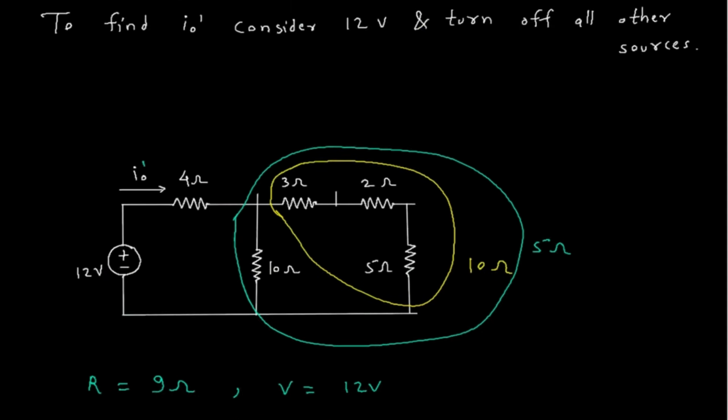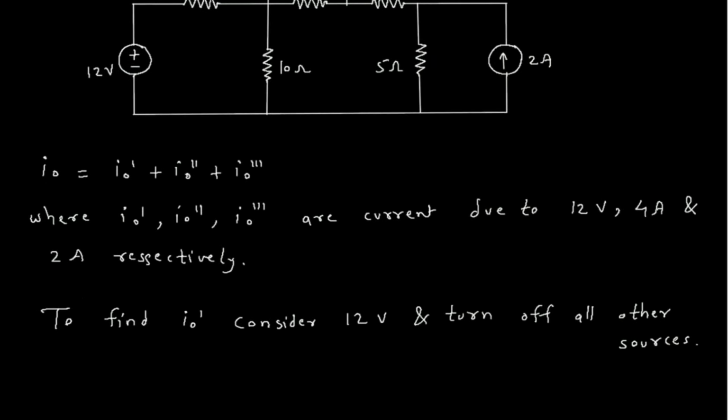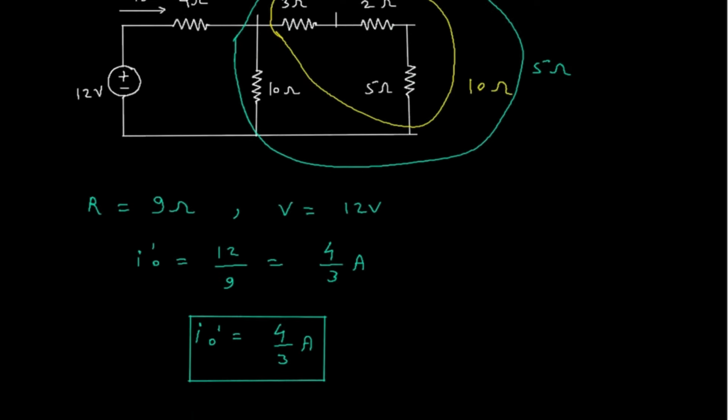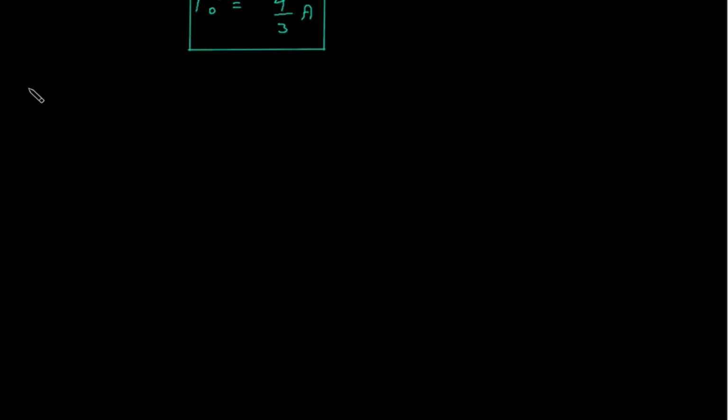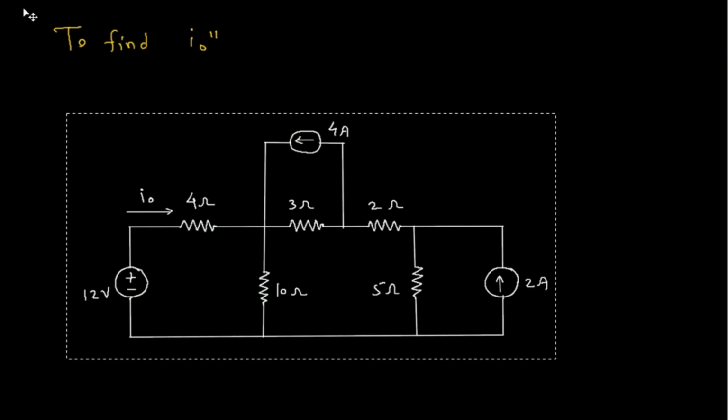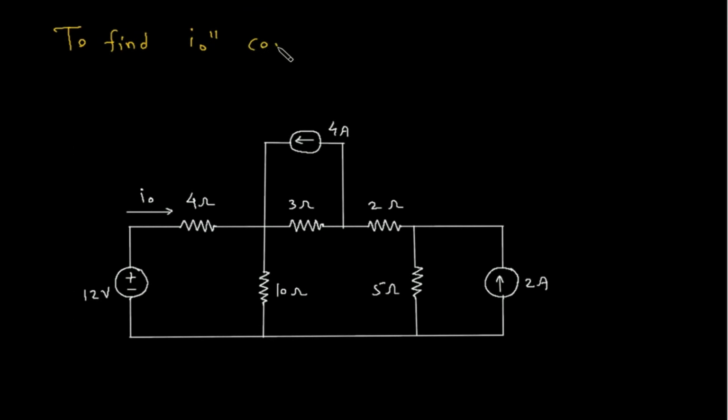Then next we have to find I/O double prime. To find I/O double prime, we will consider this 4 ampere current source and turn off all other sources.